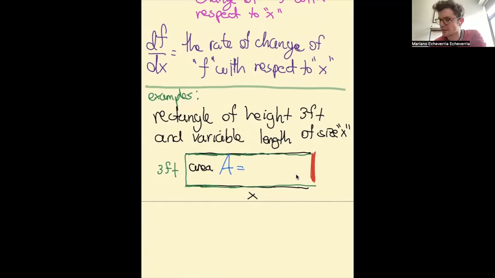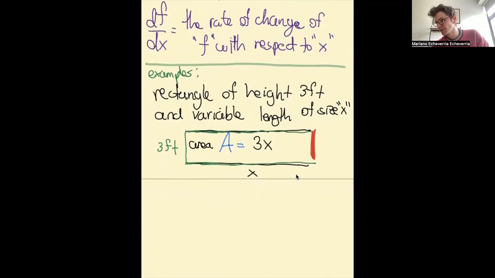It's height times length. So dA dx, what does this represent? It represents how fast the area is changing as you vary x.